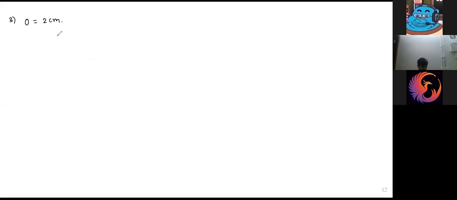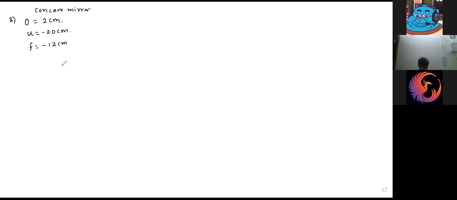Placed at a distance of 20 centimeter, so u is minus 20 centimeter, in front of a concave mirror of focal length 12 centimeter. So it is always negative, because we are writing for a concave mirror.